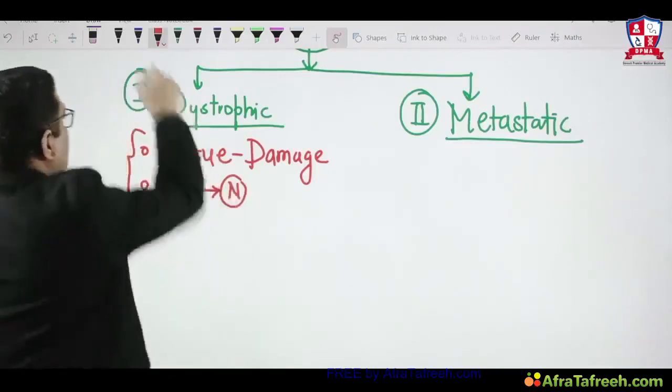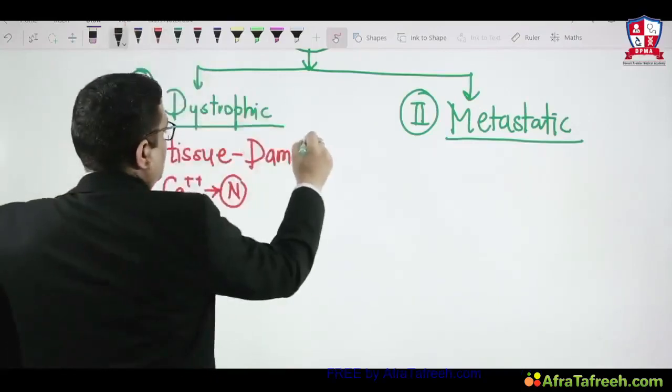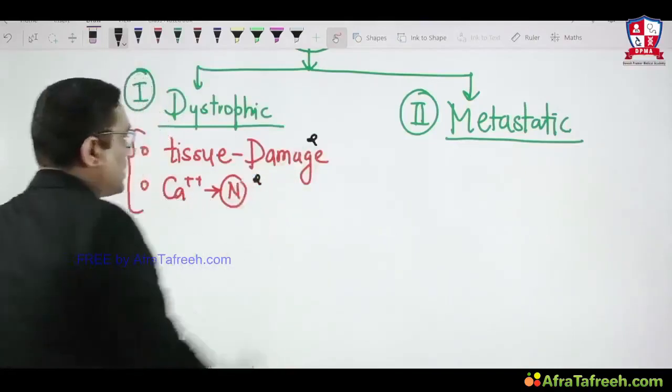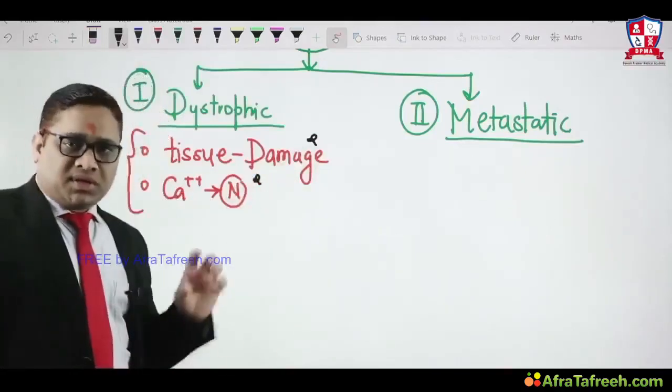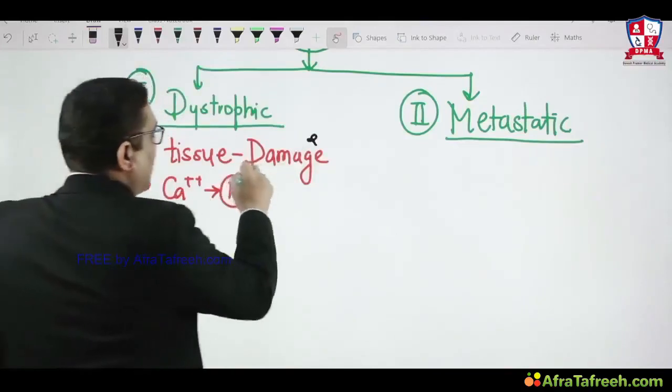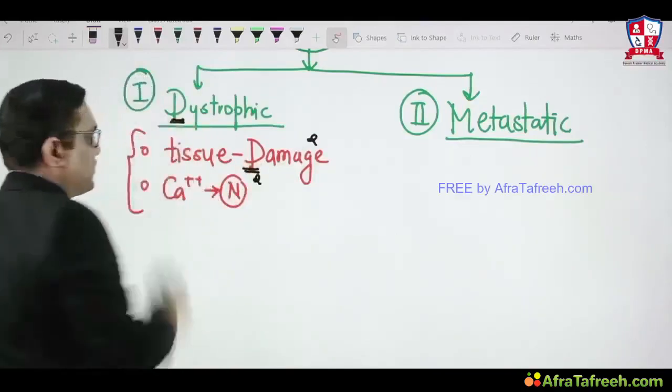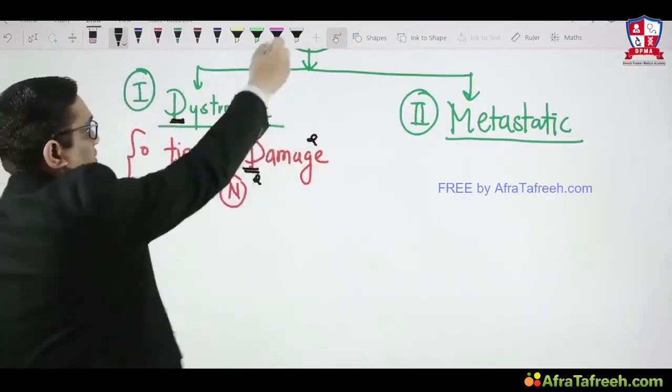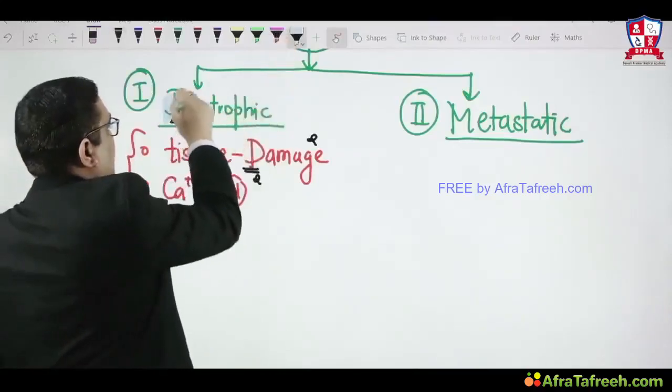That is how the question is asked in exam. Tissue is damaged, calcium level is normal: dystrophic. D for damage, D for dystrophy. That is how we can remember; this is a kind of mnemonic.